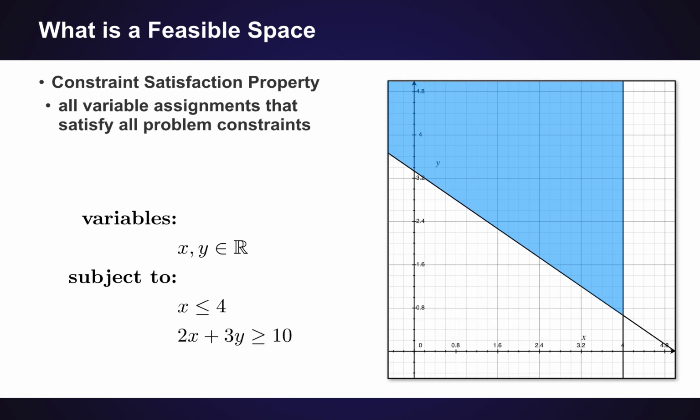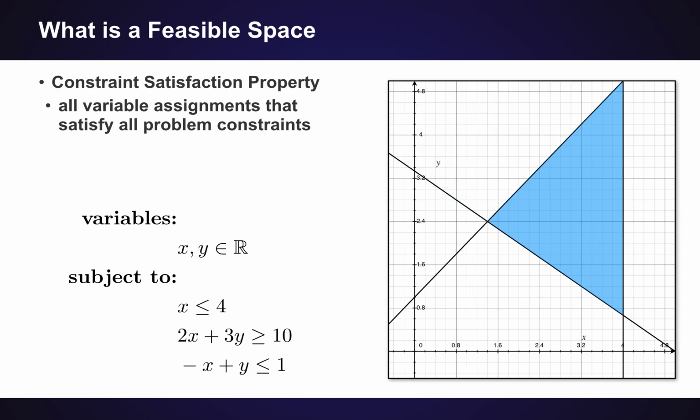If you come along and say, okay, here's a new constraint, 2x plus 3y is greater than or equal to 10, you're basically adding the requirement that all the values should be less than or equal to 4 and also greater than or equal to this linear equation. So now you have this wedge-shaped feasible region. If I add one more constraint, which kind of bounds it from above, now we have a triangular shaped region.